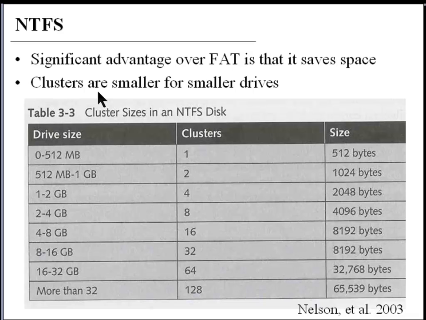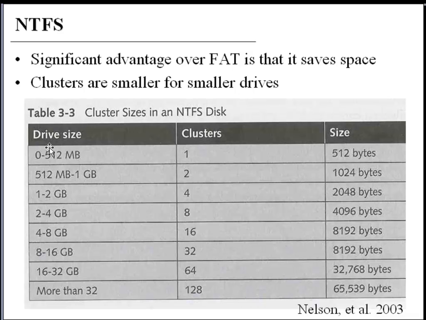And so clusters can range anywhere from a single sector per cluster all the way up to 64 typically. And so what this table is showing is for drive sizes from 0 to 512 megabytes, there is one sector per cluster, and of course that'll be 512 bytes.